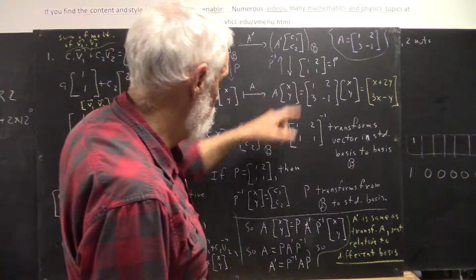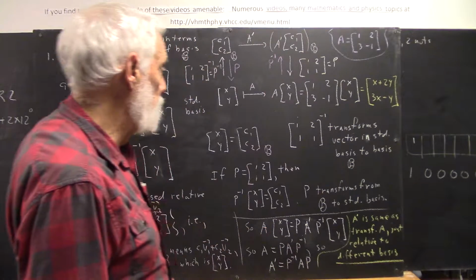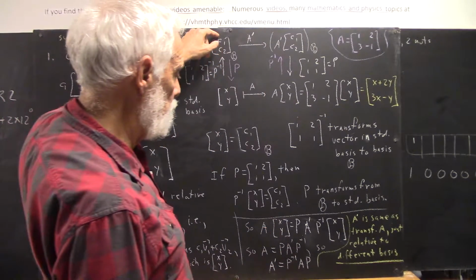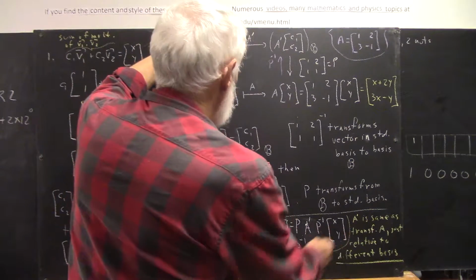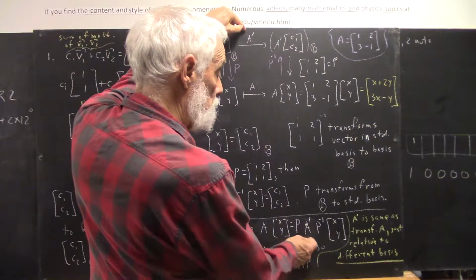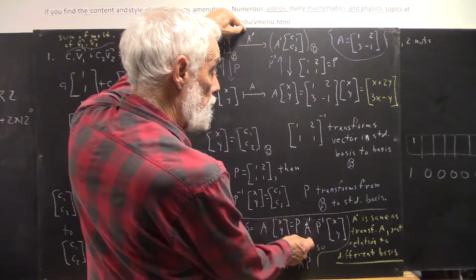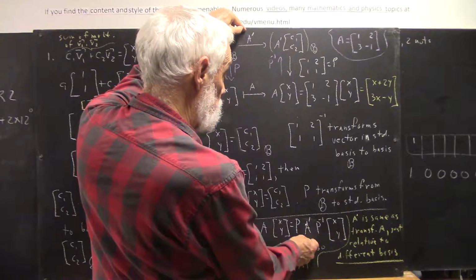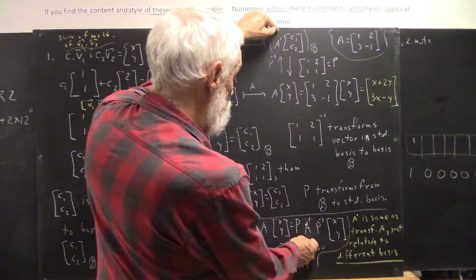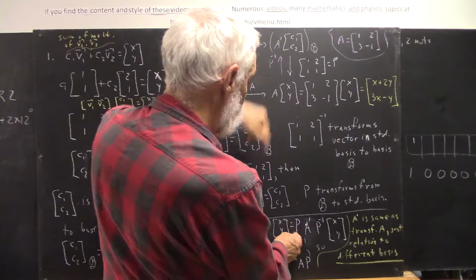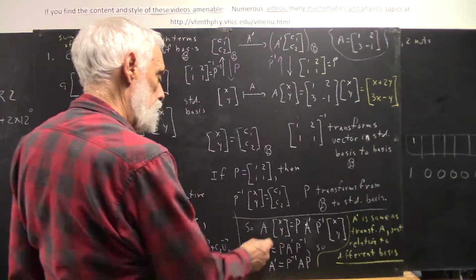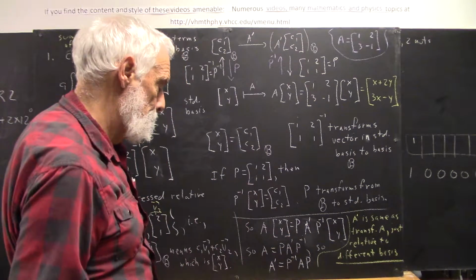If we go from here to here, it's just A times xy. If we go here up to here, it's P inverse times xy. To which we apply the matrix A prime, multiplying the matrix A prime by P inverse xy. And then we apply the matrix P to express that in terms of the standard basis. This has to equal this.